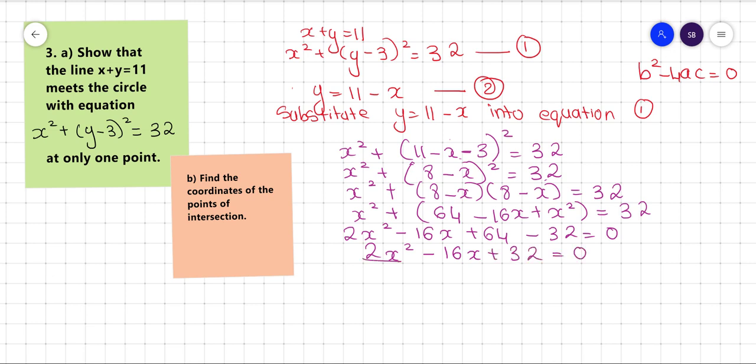Now let me simplify this further by dividing it by 2. x squared minus 8x plus 32 divided by 2 is 16 is equal to 0. Now let me see whether b squared minus 4ac is equal to 0. b is equal to minus 8, a is equal to 1, c is equal to 16.